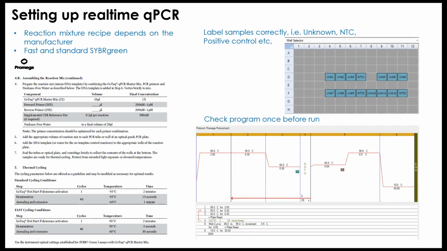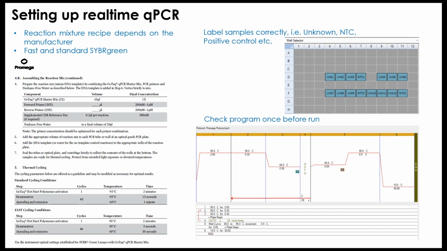Again, the reaction mixture recipe depends on the different manufacturers, and on what sort of SYBR Green you are using, whether fast SYBR Green or standard SYBR Green, and whether it is coming from Bio-Rad or Promega or Thermo or whatever company you are using. Each company will give you the protocol, and you should follow that.